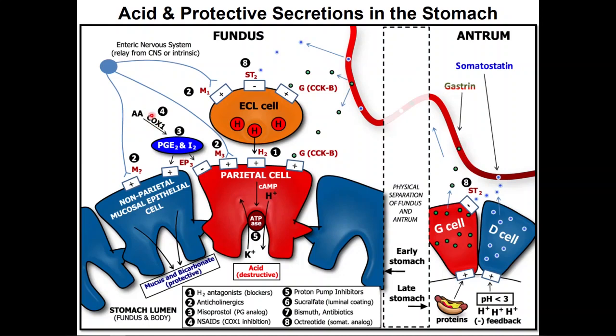But this enzyme cyclooxygenase 1, which is the target of NSAIDs, is necessary for PGE2 and PGI2 to be produced. So if you block that with a drug like an NSAID, that would actually block this protective effect, because you wouldn't have enough PGE2 and PGI2.